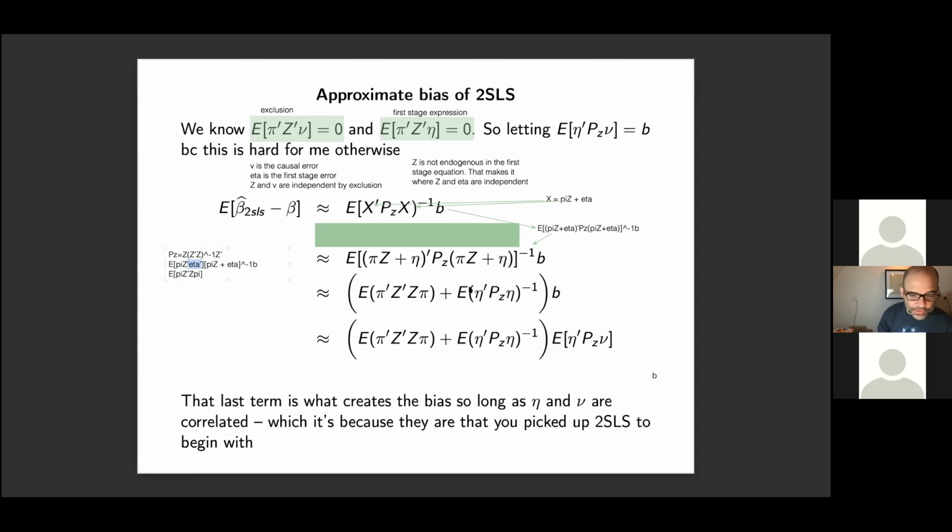So we had this PZ, and then we still had this PZ term here. Then it's going to become plus expectation eta prime PZ eta, inverse B. Okay, so then we have that term here. And then we're going to substitute the value of B in.